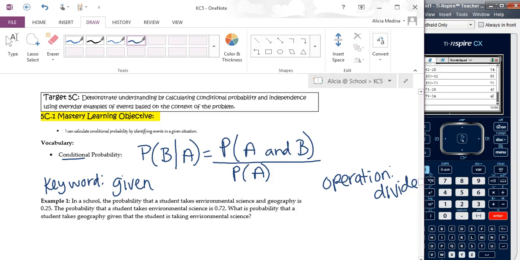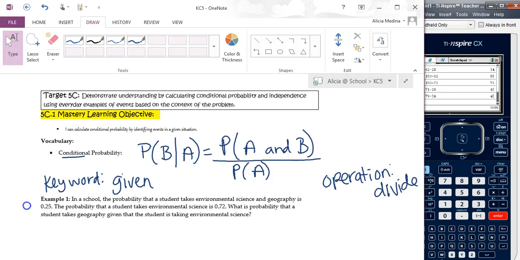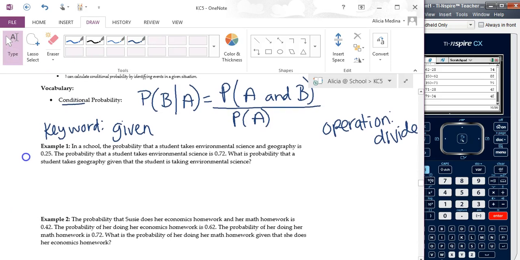All right, so let's look at a first example here to see if we have a conditional probability and how we're going to set up and solve this. So for example 1, it says in a school, the probability that a student takes environmental science and geometry is 0.25. The probability that a student takes environmental science is 0.72.